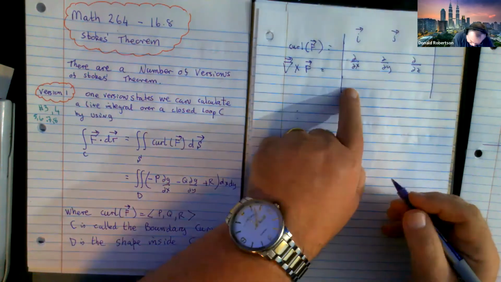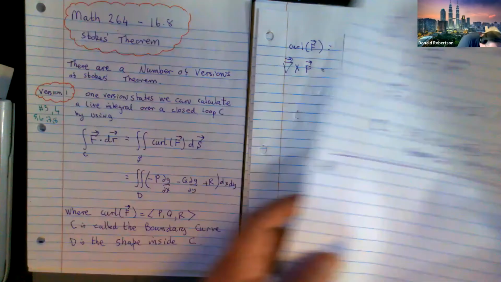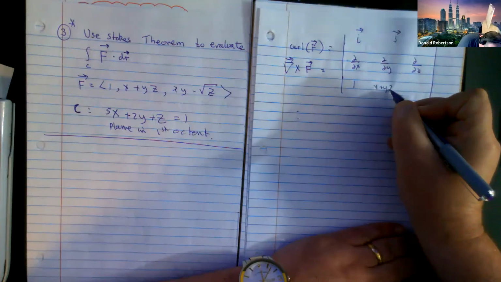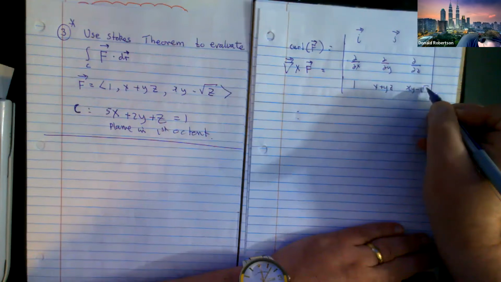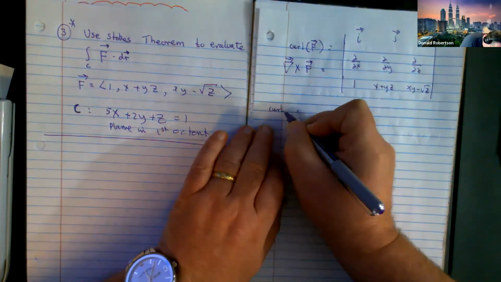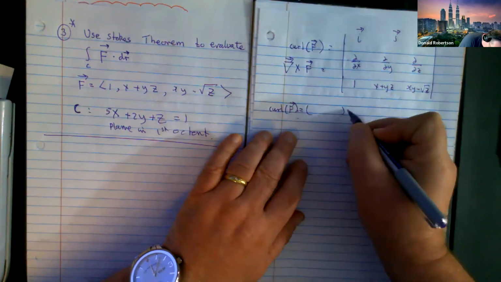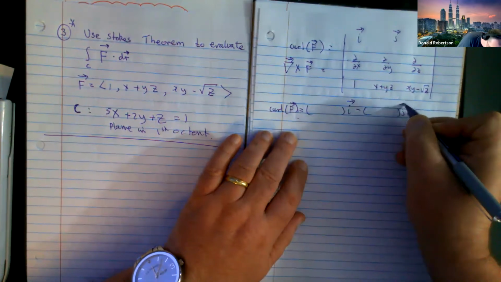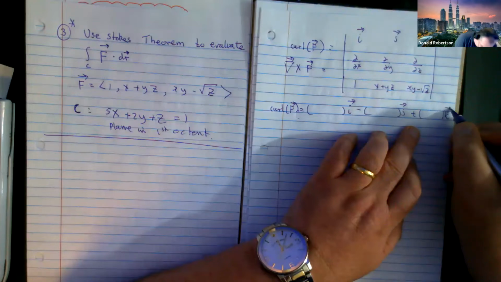And this guy here is going to be, so we have a 1, an x plus yz, and an xy take away the square root of z. So the curl of F is going to be so many i's take away so many j's plus so many k's. So far, so good.